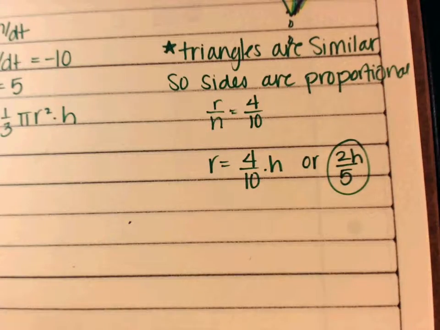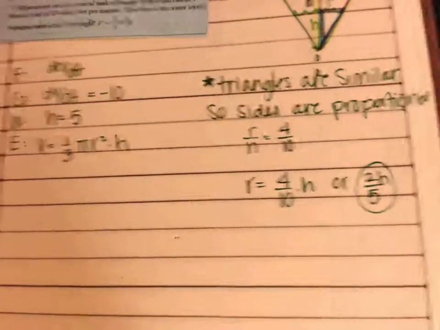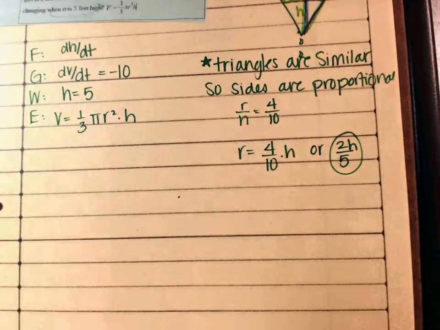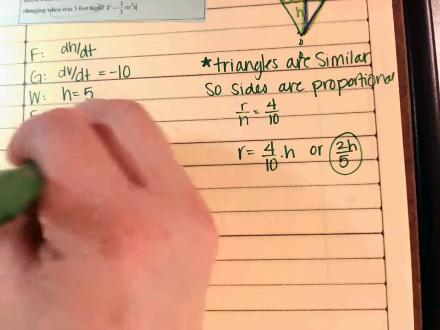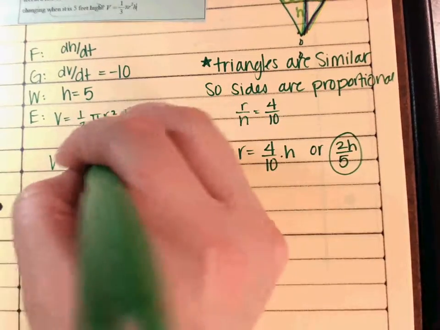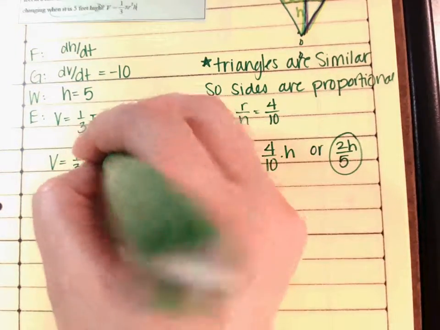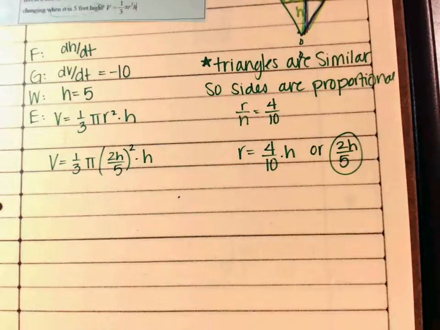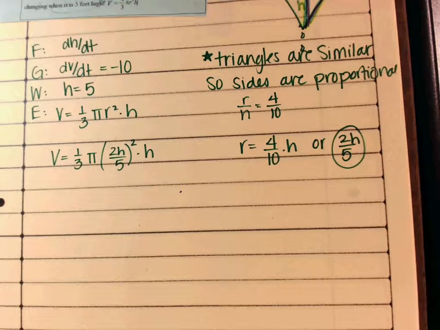Okay? So now we're coming back to the original equation over here, and we're going to now sub that in. So it'll be volume equals 1/3 pi, R is now 2H over 5, squared, times H. So I took my R out, I plugged in an H substitute.